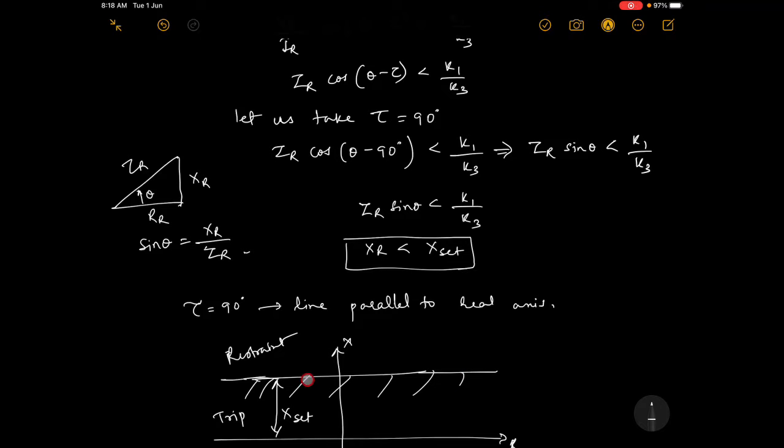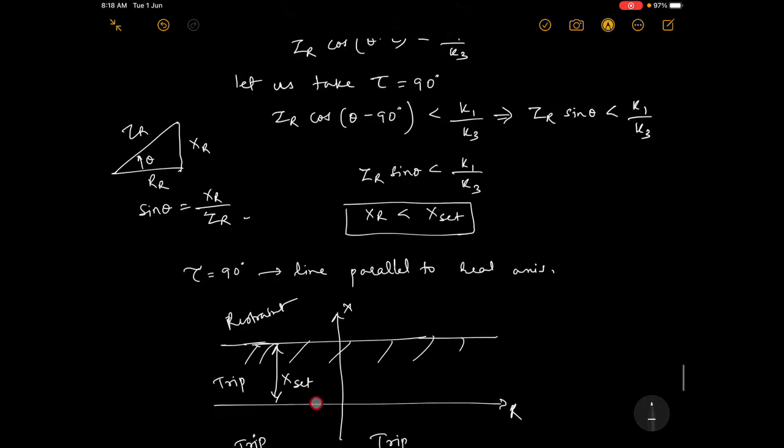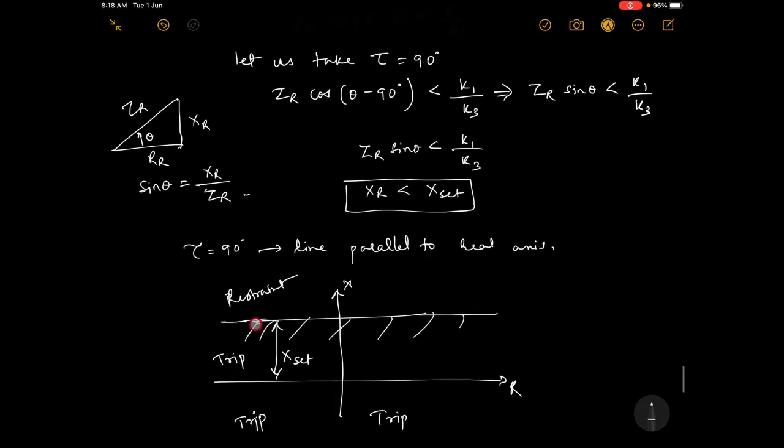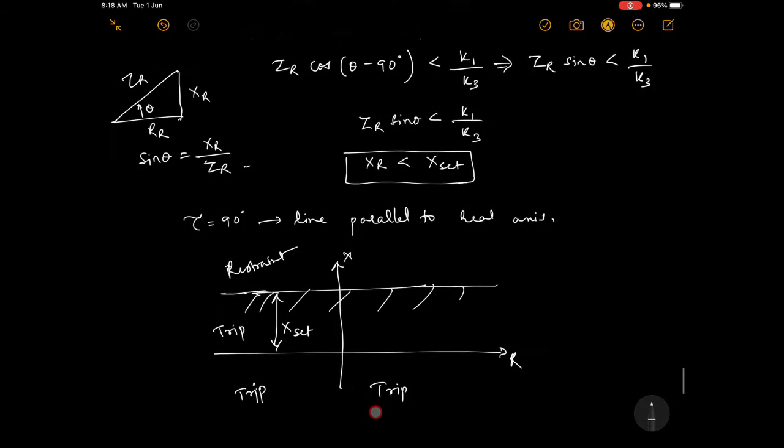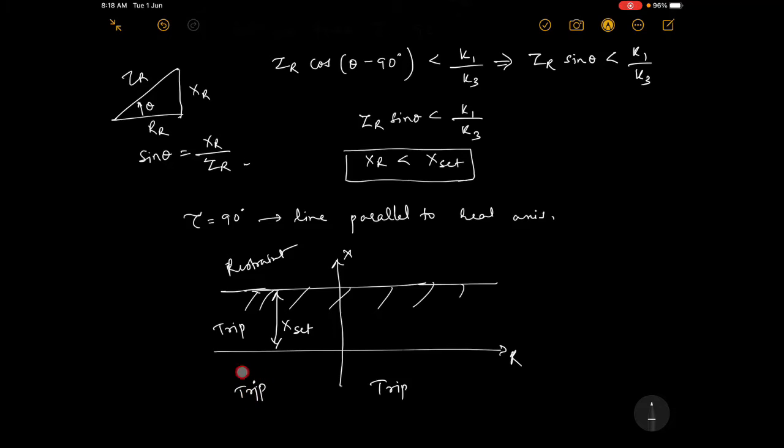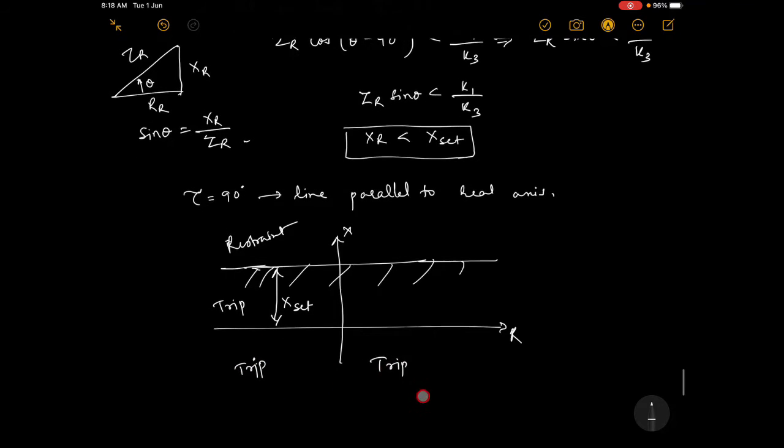And we came to know that whatever is below this, if XR is less than X set, it will trip. So the disadvantage was it was tripping in the negative direction also.